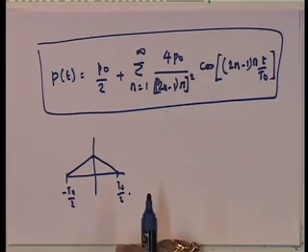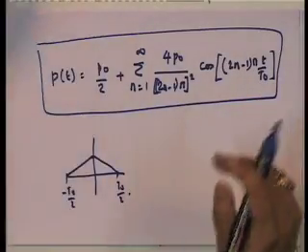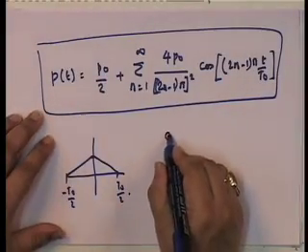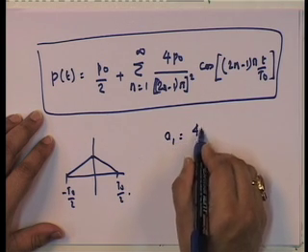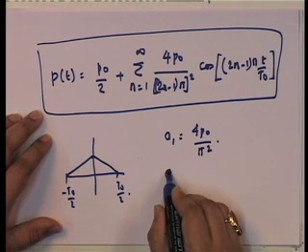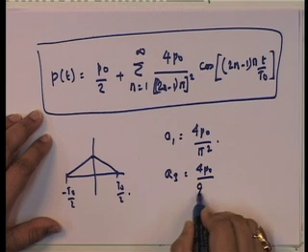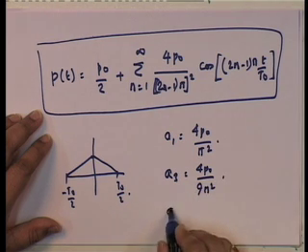And note something very interesting. A1 was 4 p0 upon pi. A3 is equal to 4 p0 upon 9.